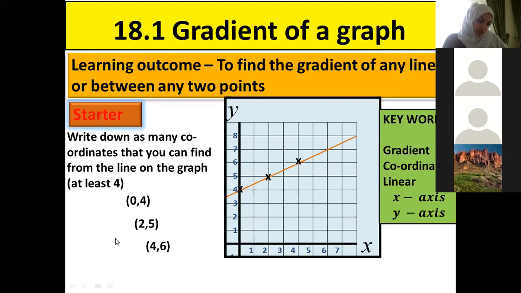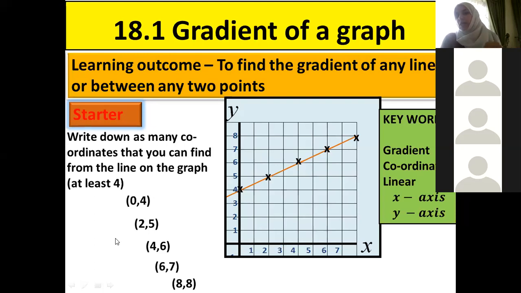Okay, one more. Jawad, give me a point that is on the graph. Yes, Jawad: (8, 8). So these are points that are on the graph, and these are just the coordinates of these points. Thank you. You can lower your hands.